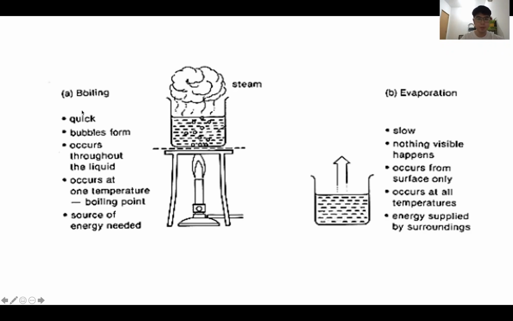Okay, so first, let's talk about when does it happen. Boiling happens at boiling point. So if you're talking about pure water, 100 degrees Celsius. What about evaporation?